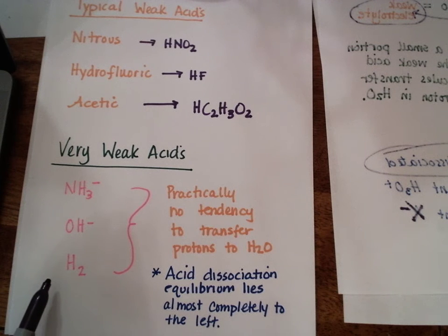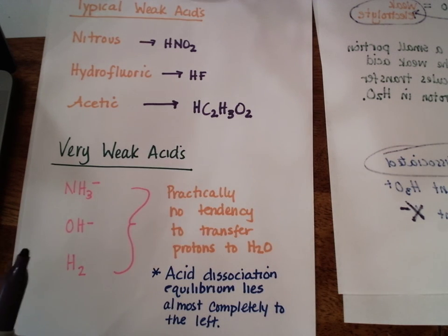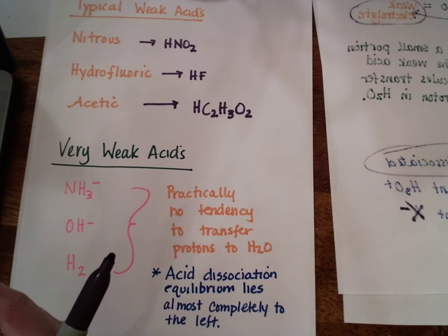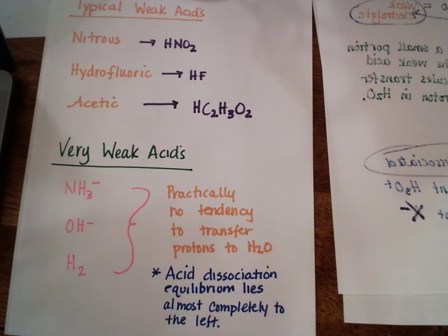When I have these very weak acids, my acid dissociation equilibrium lies almost completely to the left. And when I say lies to the left, that means it's on the reactant side of the equation. If it lies to the right, then it means it's on the product side of the equation. In a strong acid versus a weak acid, the weak acid dissociation is almost completely on the left.